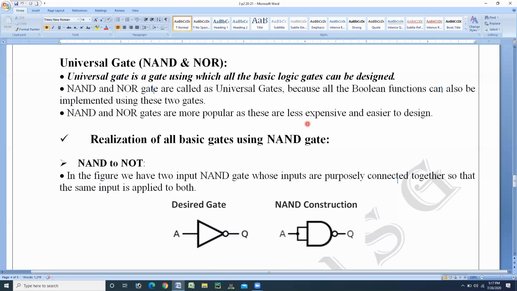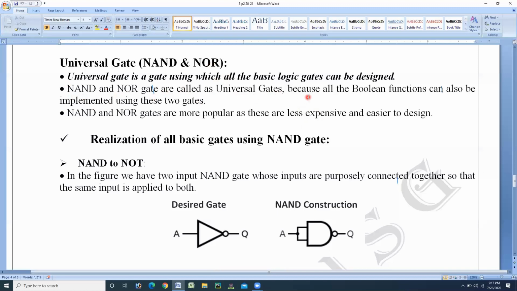Next, NAND gate and NOR gate are called universal gates. What do we know now from the first two parts? NAND gate and NOR gates are called universal gates. Why are they called universal gates?